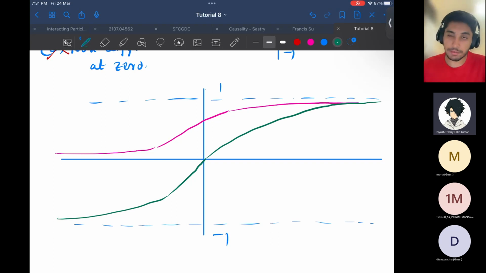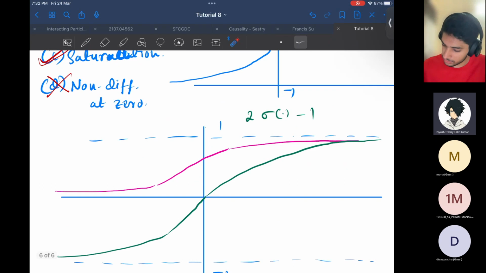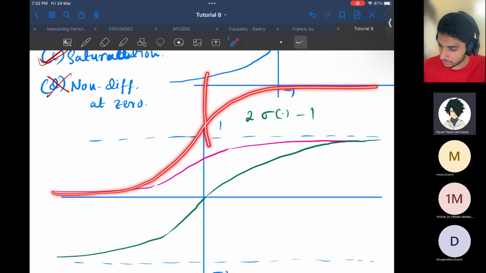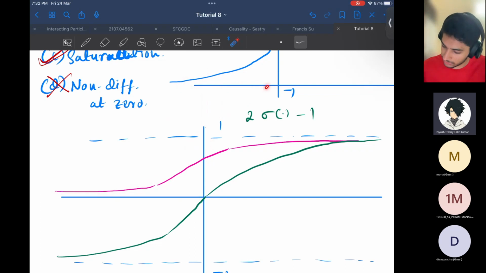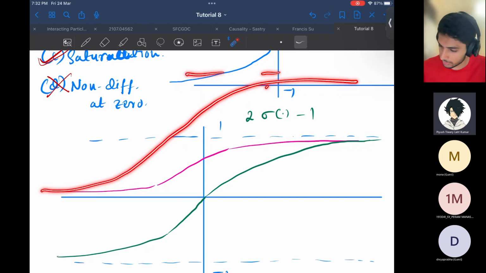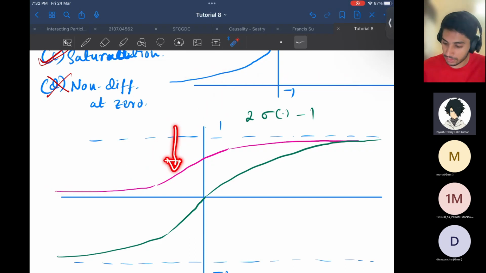If you ask me to convert this sigmoid to look like tanh, I will take my sigmoid function, multiply it by 2, and subtract 1 from it. Multiplying it by 2 makes it go from 0 to 2. Now I am subtracting 1 from it, so this entire curve that was going up to 2 will shift down by 1.